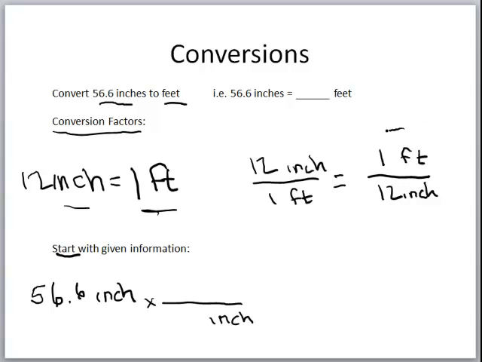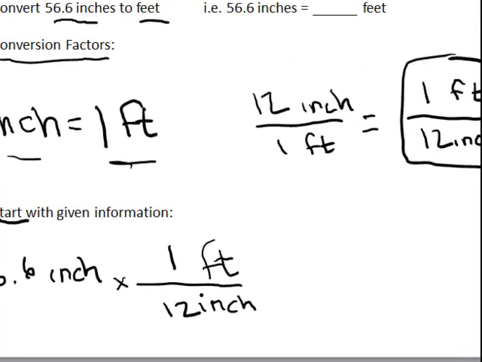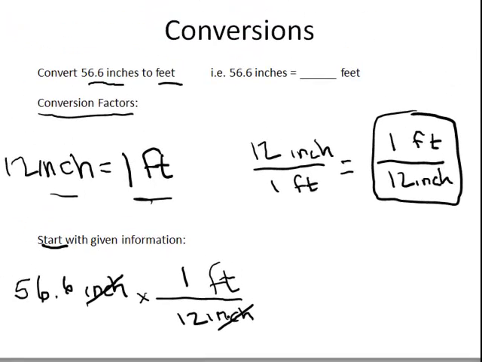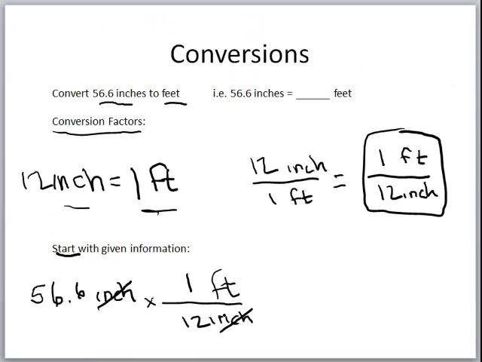So what we're going to do is use this conversion factor. Inches in the denominator, feet in the numerator. And then you're going to plug in your values. 1 foot is equivalent to 12 inches. The idea now is that inches is in the numerator, inches is in the denominator, so the two will cancel each other out. What's left over then is the unit feet.